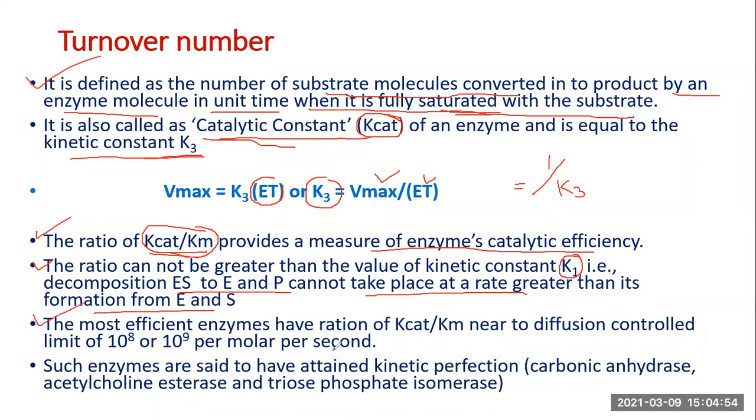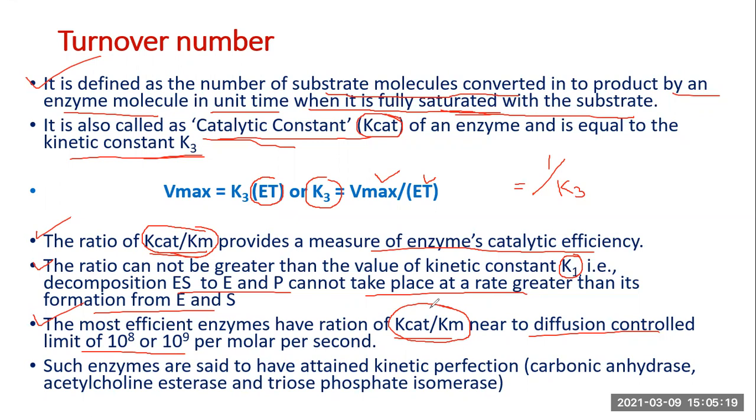Most efficient enzymes have a ratio of Kcat upon Km near diffusion control limits, of the order of 10 to the power 8 to 10 to the power 9 per molar per second. Now what does it mean? In simple words, when an enzyme is very efficient, the turnover number is going to be very high. It will take minimum time to convert substrate into product. And minimum means what?